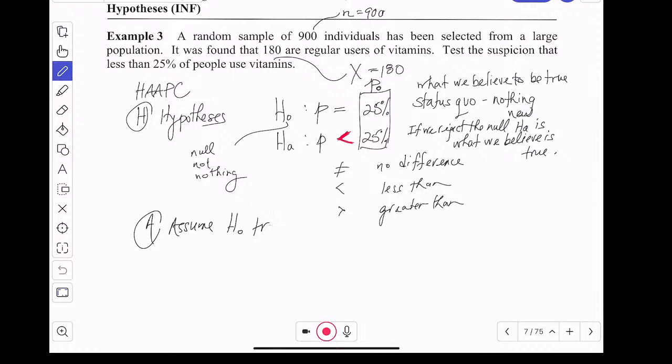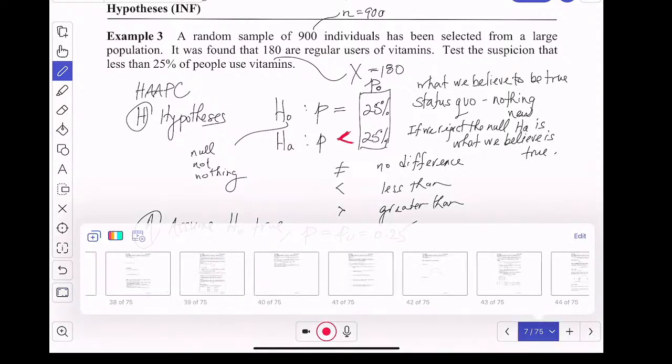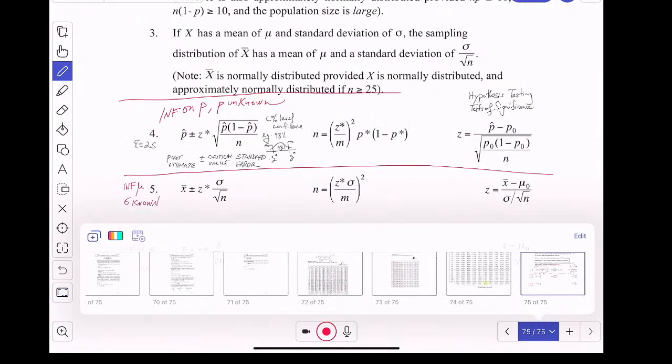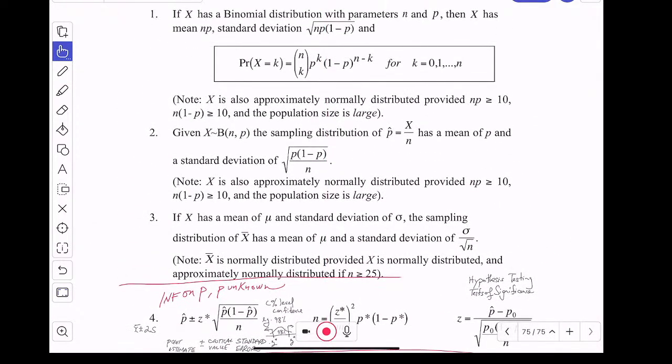If H naught is true, then P is equal to P0, which is equal to 25%. And what does that do for us? From the theory of number 2 on the formula sheet, we know that the sample proportion has a mean P and a standard deviation of the square root of P times 1 minus P over n.